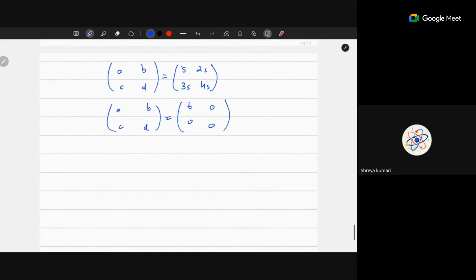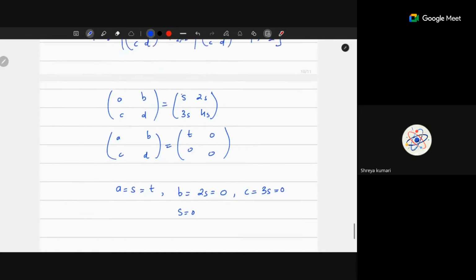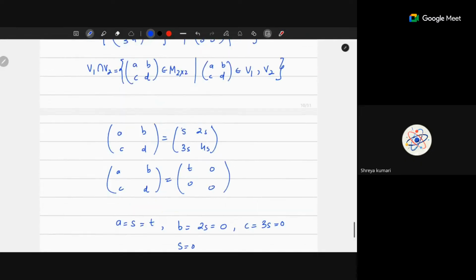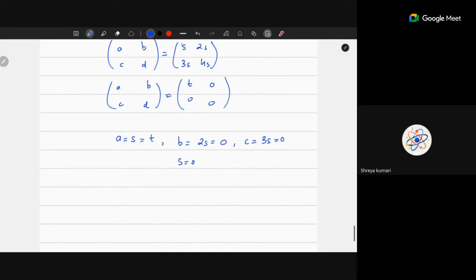Now A needs to satisfy these two equations: A is equal to S is equal to T, B is equal to 2S but B has to be 0, C is equal to 3S but it also has to be 0. This all implies that S has to be 0, and if S is 0, then T is also 0.